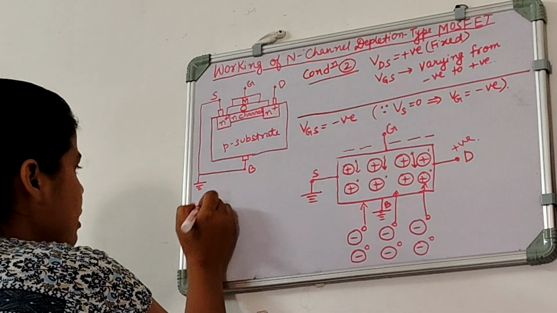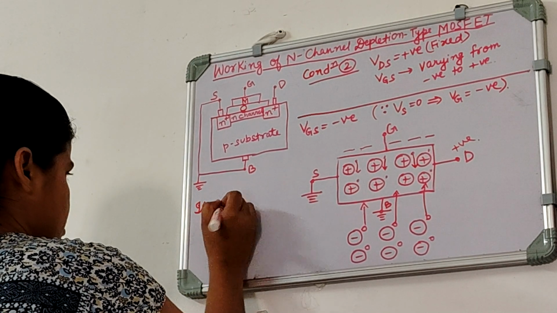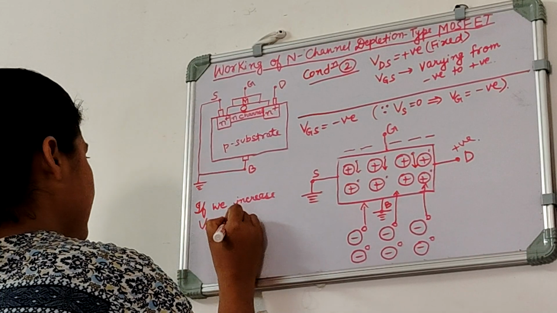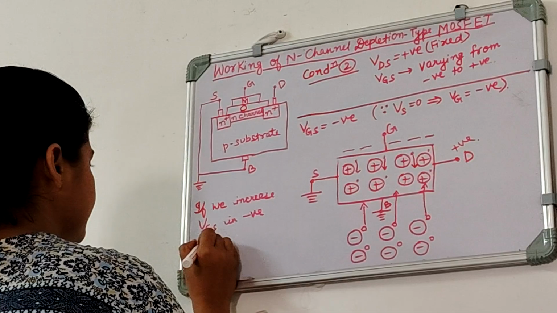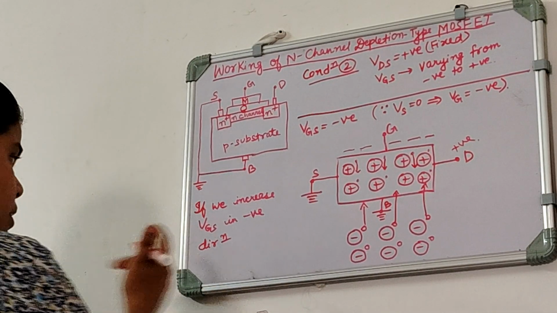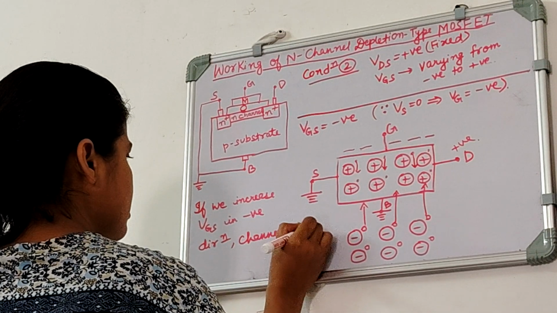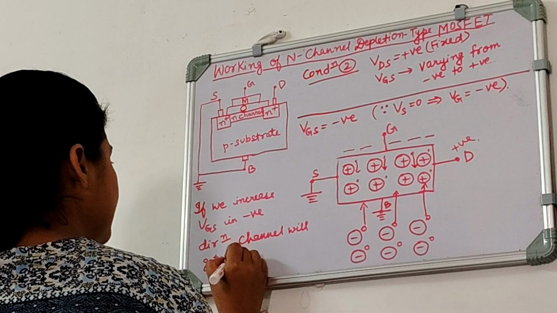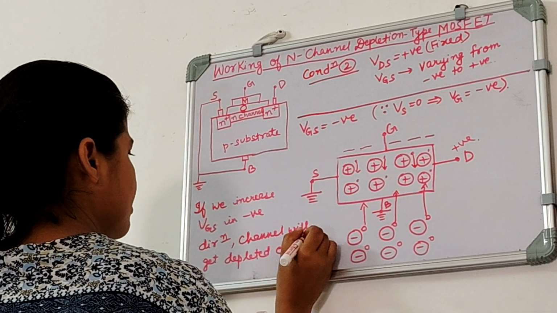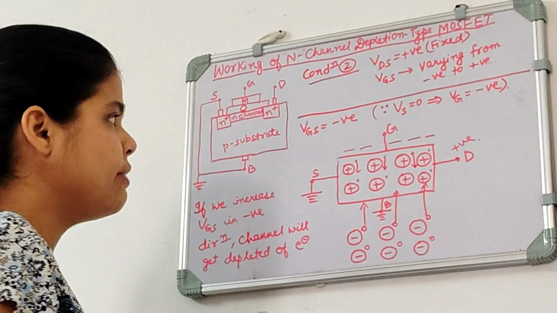So I can write that if we increase VGS in the negative direction, that is, we make our VGS more and more negative, the channel will get depleted of electrons, and if the channel gets depleted of electrons, that is, there will be fewer electrons, what does it mean?